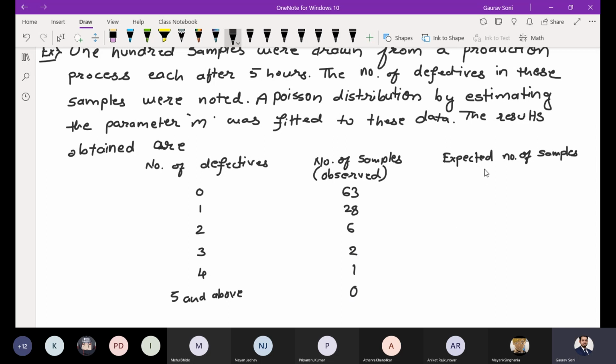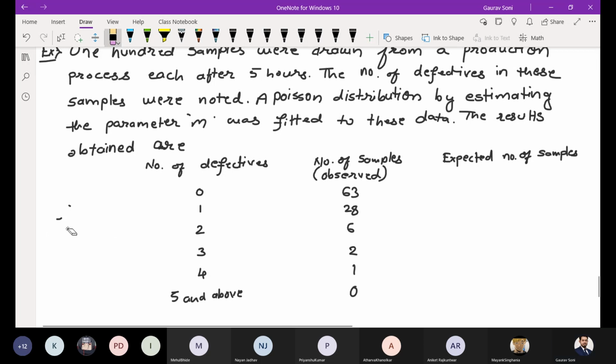The expected number is calculated using this Poisson distribution. What was the formula? e to the power minus m into m raised to r by r factorial. This was the formula for the Poisson distribution where m was the mean. So this mean is estimated here.